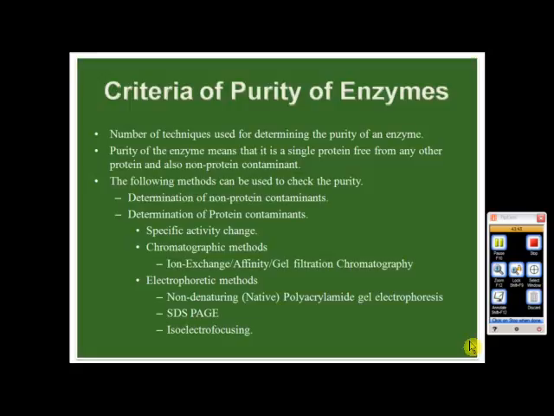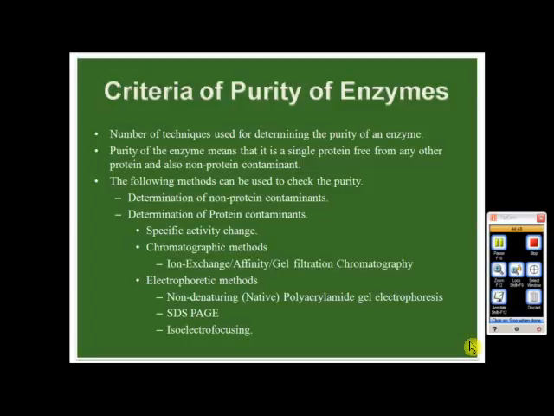And then the criteria of purity of enzymes. So what does it mean? Criteria of purity of enzymes. What does it tell?